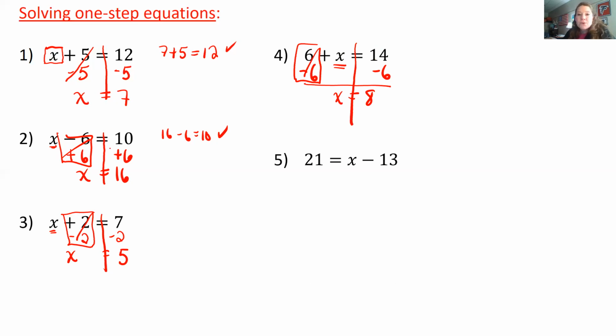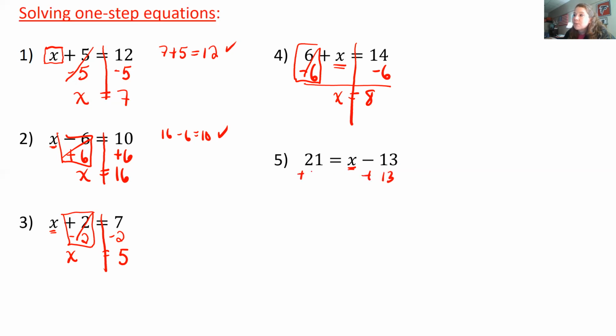All right, now be careful because some students, as soon as they see this, they want to get rid of 21. Well, is 21 on the side with the variable? No. You always find your variable first, and then you do the opposite of what is on the side with x. Well, I see minus 13. So the opposite of minus 13 is to add 13.